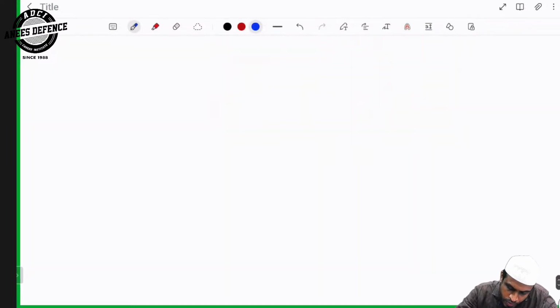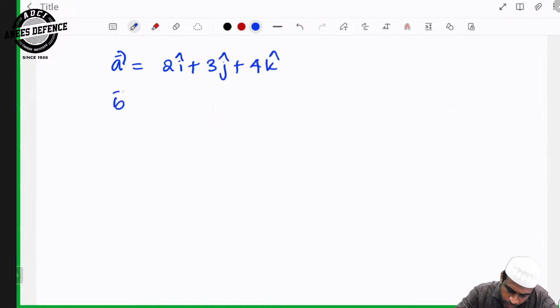So by using some examples, we will discuss how to calculate the dot product and cross product. For example, vector A is equal to 2i plus 3j plus 4k. Vector B is equal to 3i plus 4j plus 8k.